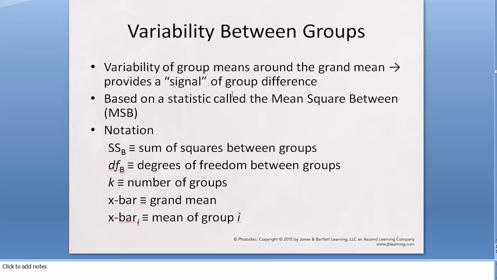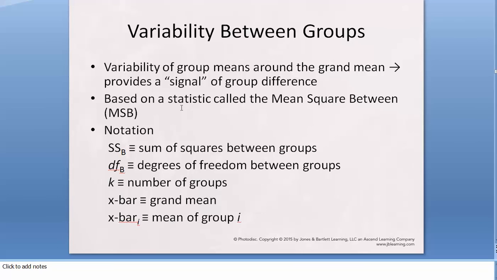Each group mean will have 15 observations, coming from group 1, group 2, and group 3. So you will have three different means in that example. You will take the difference between each of these and the one whole big grand mean. If these are very different, even after you square it, the variability will be really high, and that will signal a group difference.